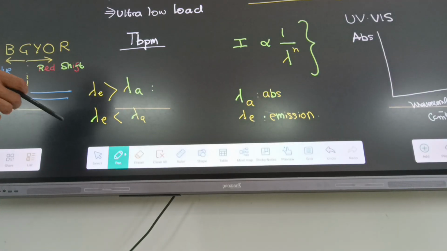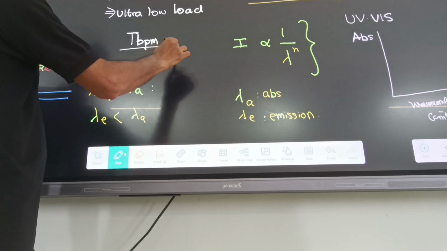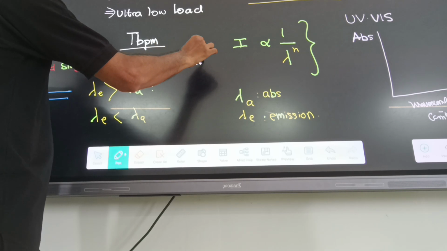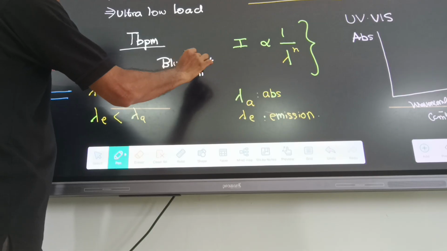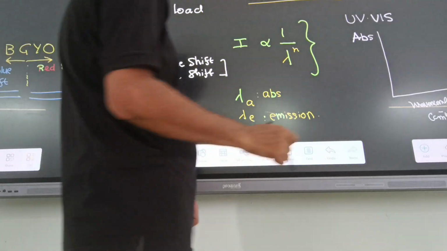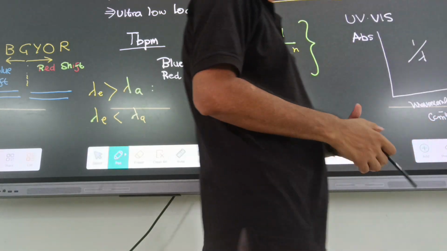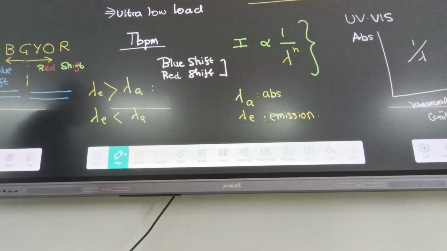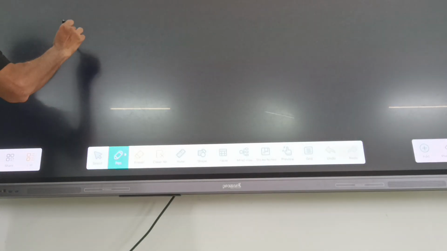So there also you will study blue shift and red shift. Because this is energy, all the spectroscopy outputs are basically in terms of wave number. Raman, FTIR, and so on.